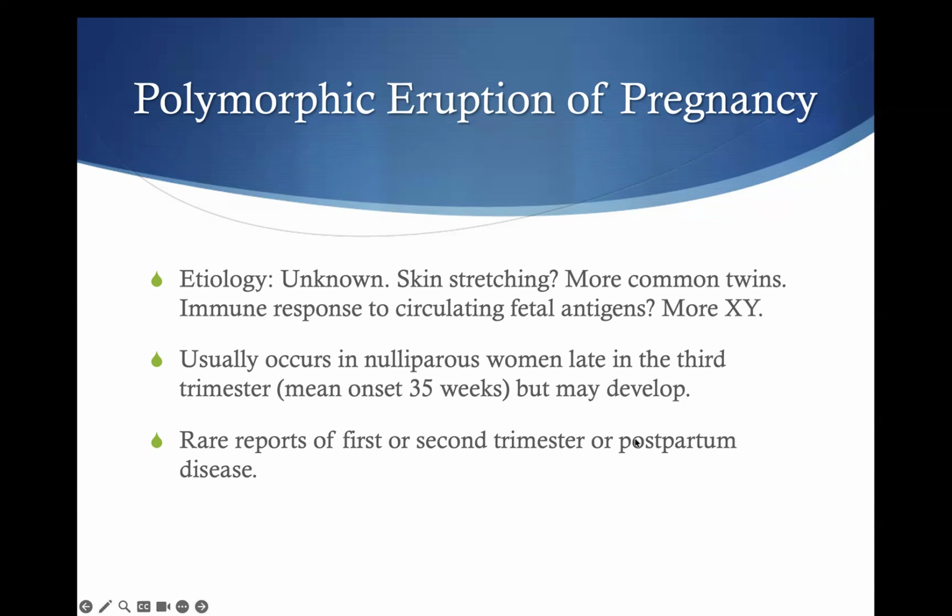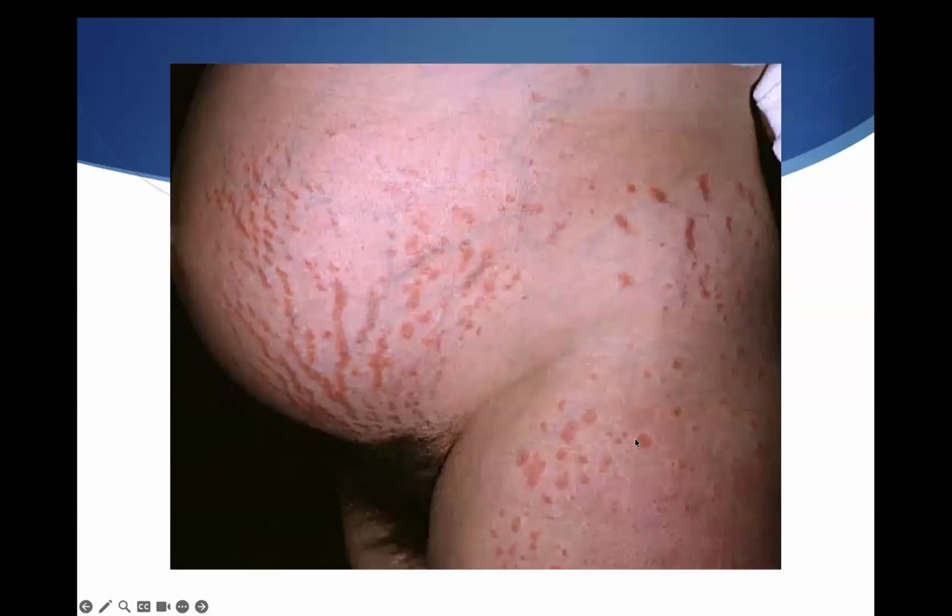Usually, again, it occurs in nulliparous women late in the third trimester, but may develop in rare cases at any time in pregnancy. There are rare reports of first or second trimester or postpartum presentations. So here again is this tendency for it to form in these body lines, and even in obstetric stretch marks, you'll often see this.